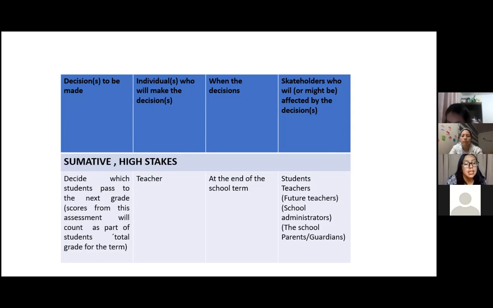In this case, the teacher is the one who is going to take this summative decision, and the stakeholders are the students, teachers, future teachers, school administrators, parents, and guardians.